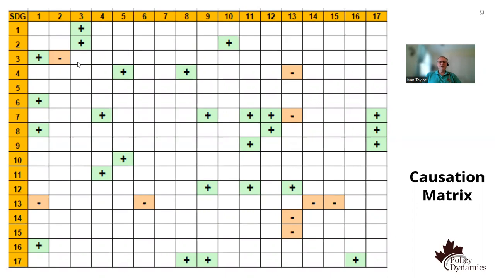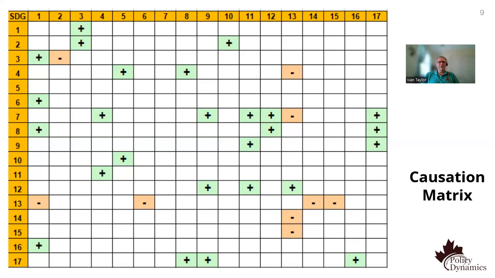I think this is a cleaner way to present a complex causal loop diagram, and we're finding it useful in our work. Another aspect is that a lot of social scientists can relate to this kind of presentation because it looks somewhat similar to a correlation matrix, with positive and negative correlations. However, we have to be clear that this is not correlation, this is causation.